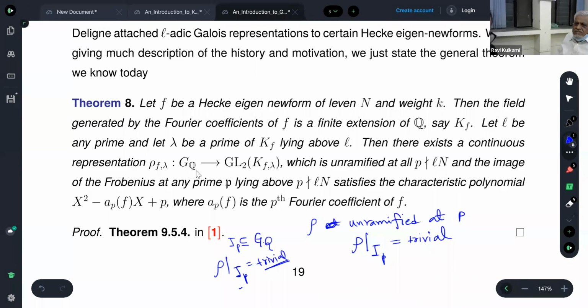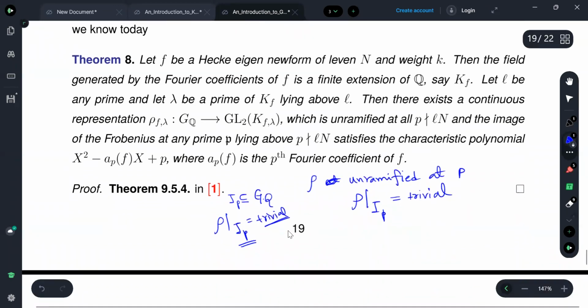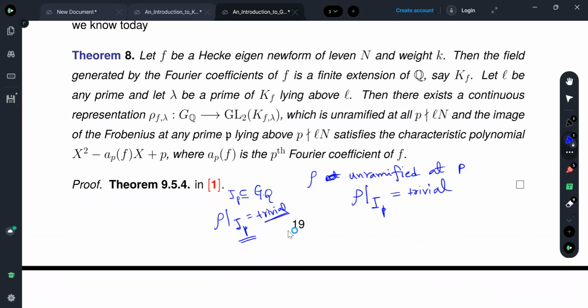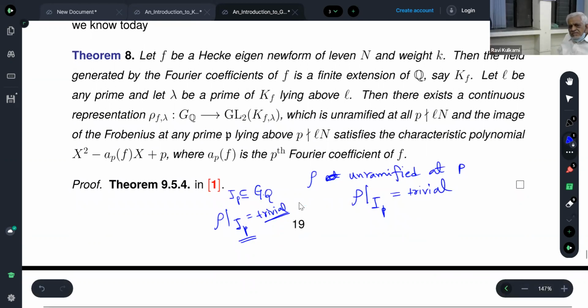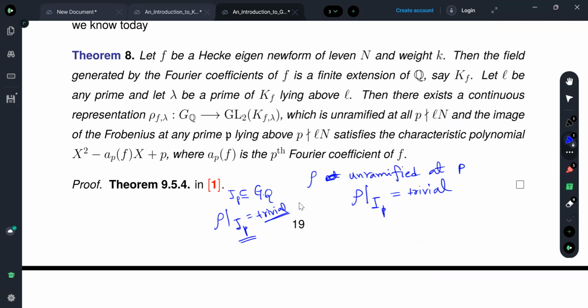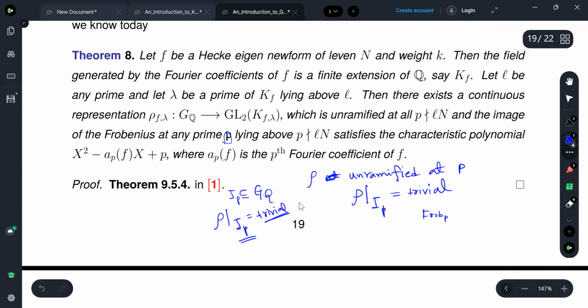Is there no role of that script prime P that lies above p in this definition? No, the Frobenius elements at the primes lying above p are all conjugates of each other.